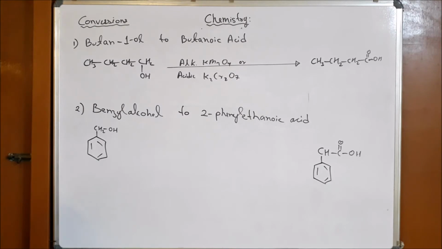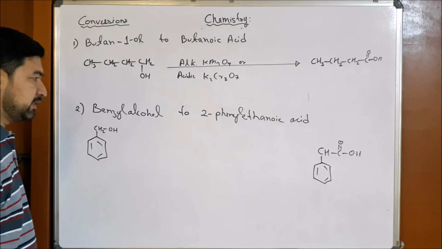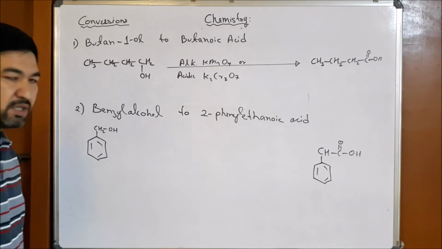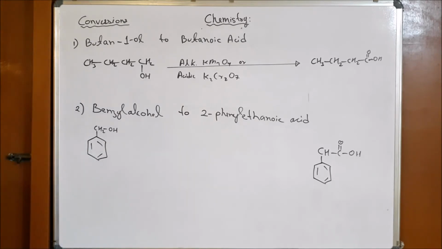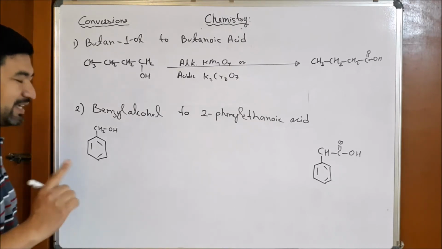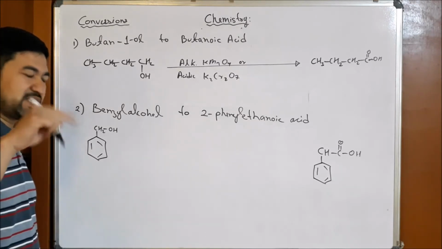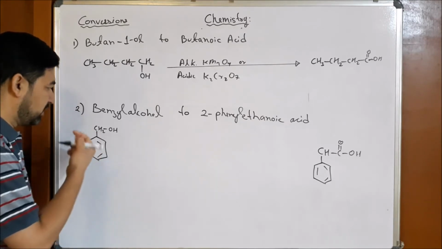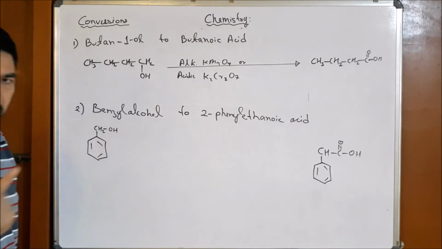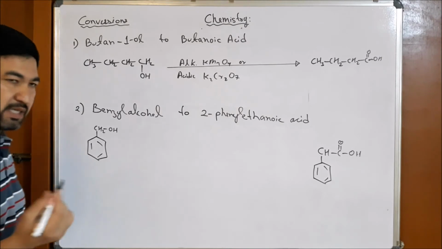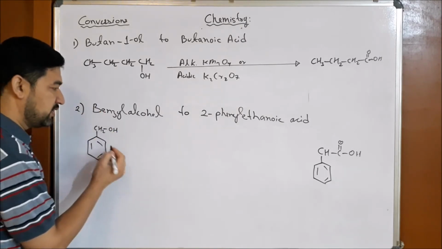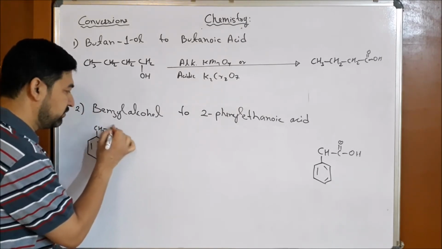Alright, see, what happens here is that one carbon has been increased. So basically we can think of a step-up reaction. For step-up reaction we normally use KCN. CN will displace the group here, but OH is already there, and OH cannot be displaced by CN. So you have to first remove the OH group.